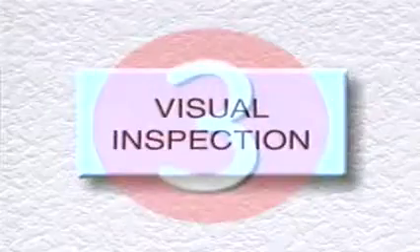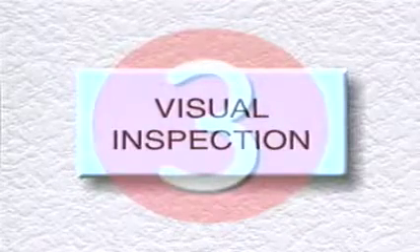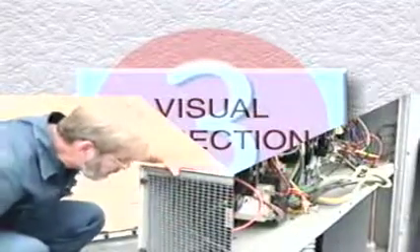But when it comes to step 3, visual inspection, you're on your own. You've got to be there. This step should really be called sensory inspection because you use 4 of your 5 senses: your eyes, ears, nose, and sense of touch. The only sense you definitely do not want to use is taste. The visual inspection is a preliminary check of the system, both with the power on and off.